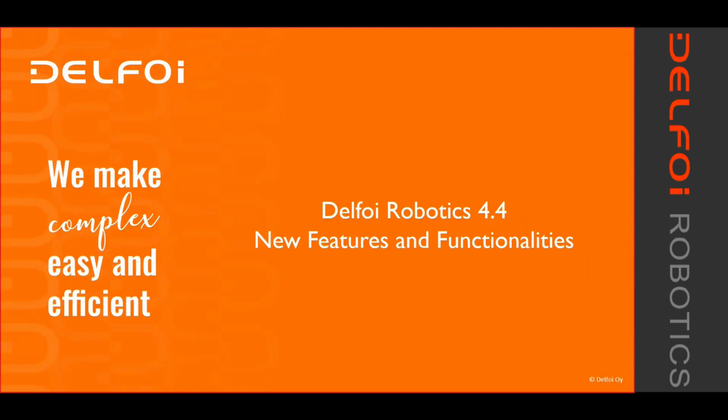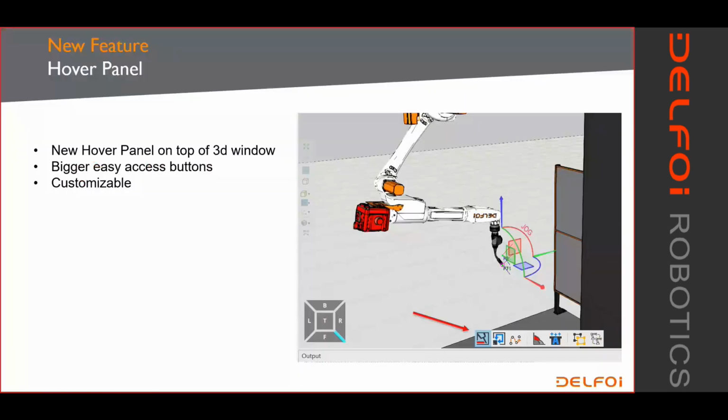4.4 new features and functionalities. So first of all, there is a new hover panel on top of the 3D window, which you see here in the right bottom hand corner. That is basically bigger, easy-access buttons which you can fully customize based on your needs.